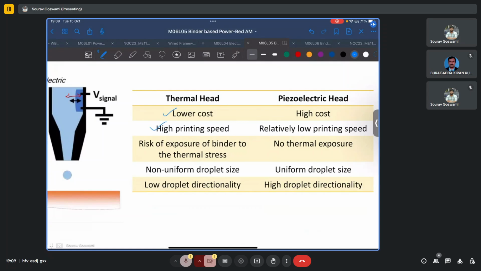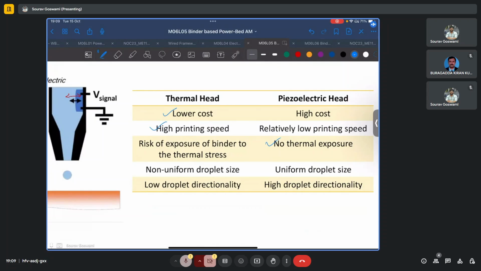Whereas the piezoelectric head does not really raise the temperature in any way, so there is no thermal exposure. And as we remember, one of the greatest strengths of this binder-based powder bed AM processes is that they are performed at room temperatures. So there is no scope of high temperatures or any thermal stresses resulting from high temperatures.